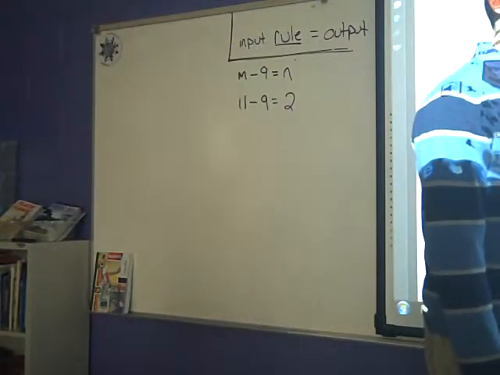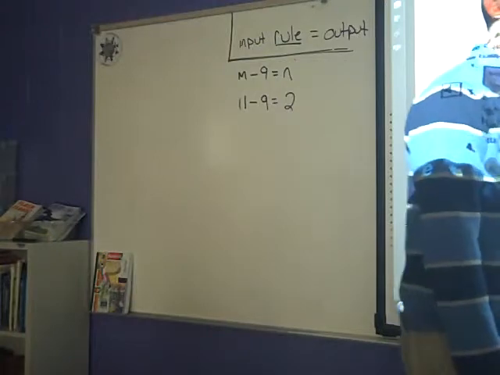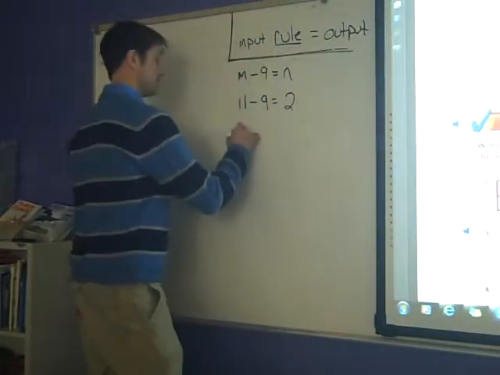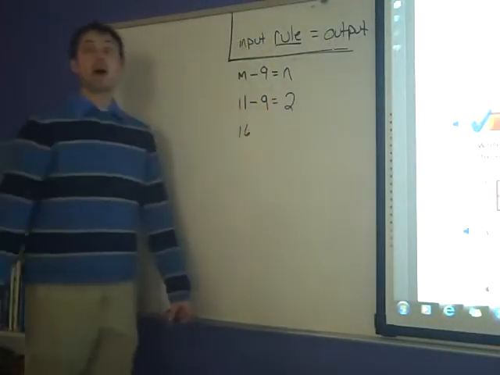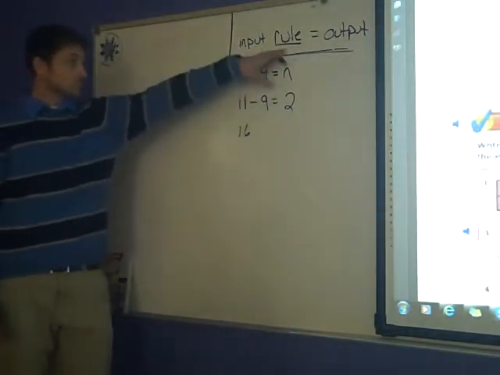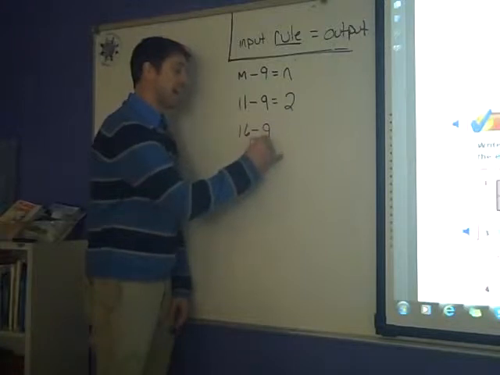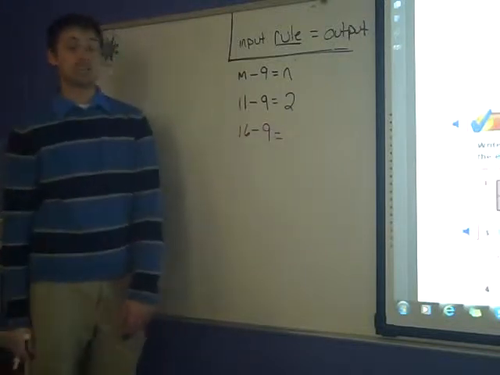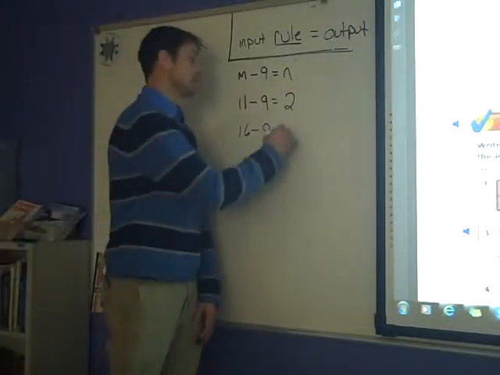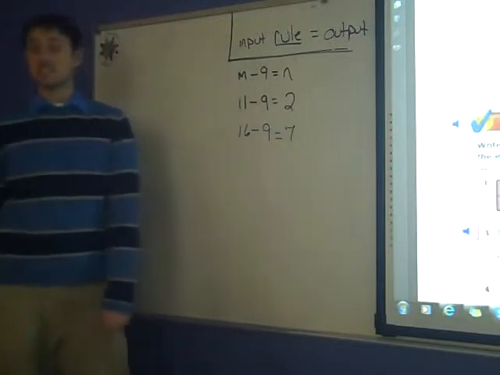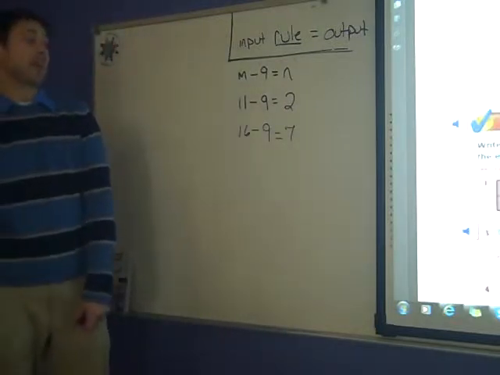Isaiah, what number is in the M column? Okay, 16. Then I write my rule, which is minus 9. Then your output, which is 7. Good. Set the next one up for me, Megan.